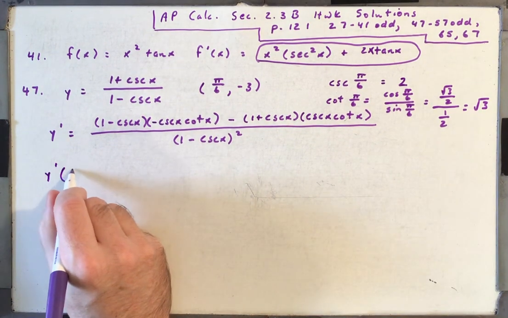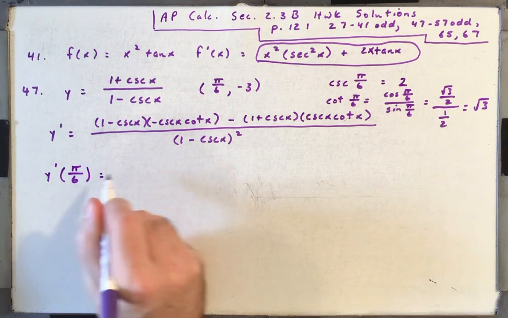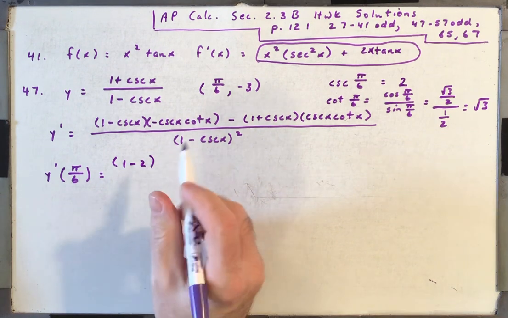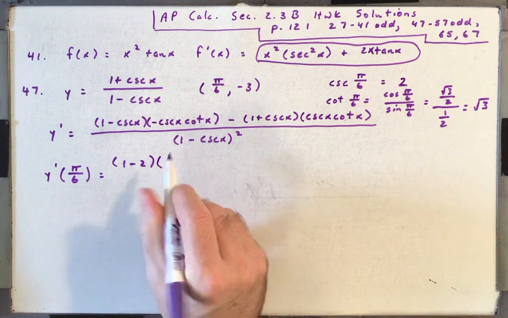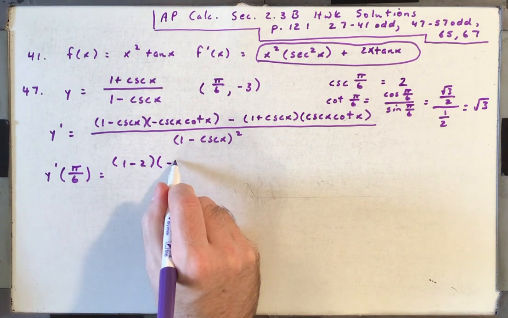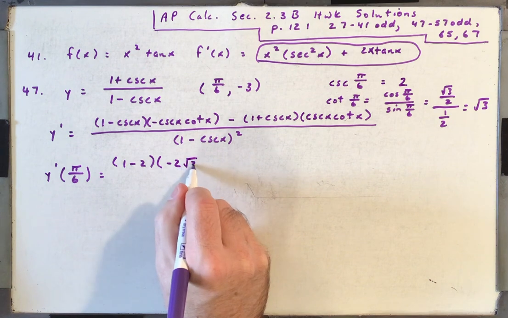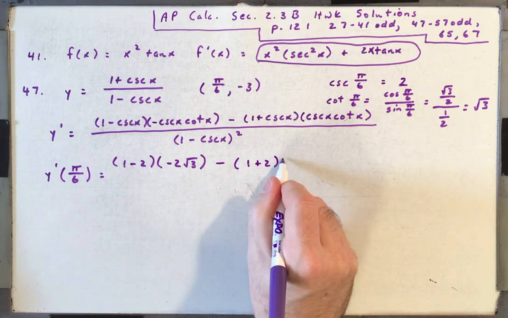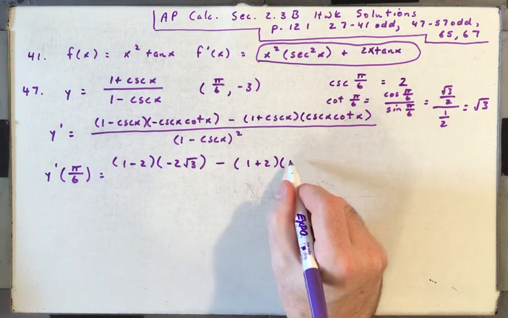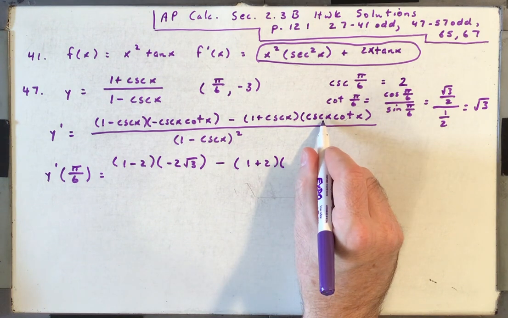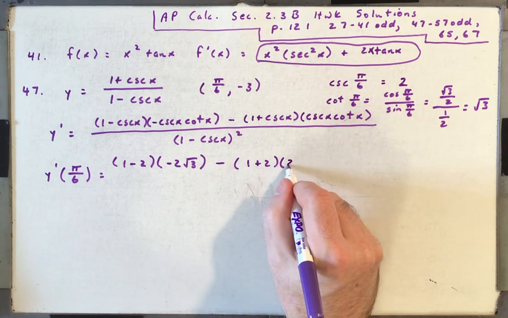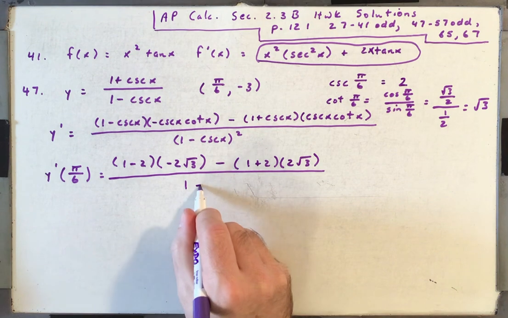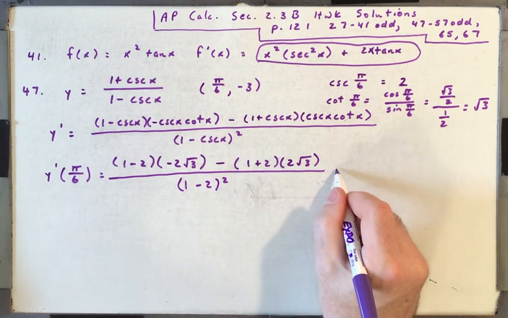So y prime of pi over 6, that's 1 minus 2 times negative 2 times the square root of 3 minus 1 plus 2, cosecant is 2, times positive 2 times the square root of 3, all over 1 minus 2 squared.